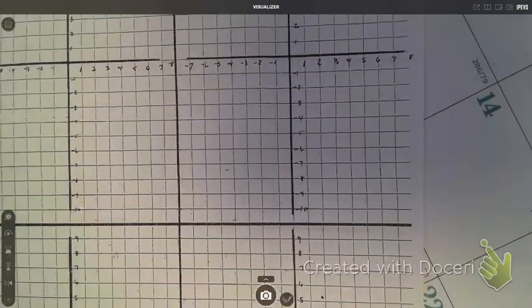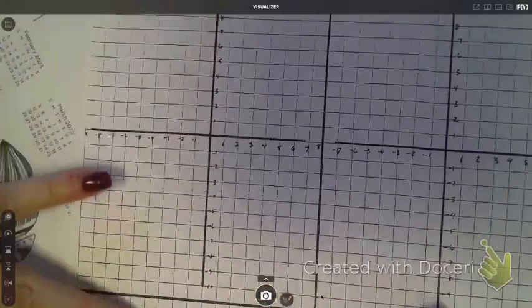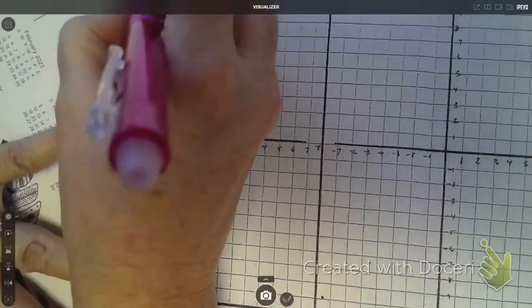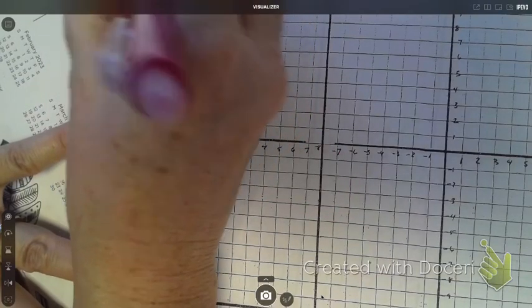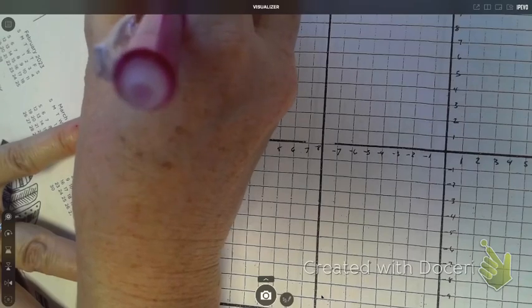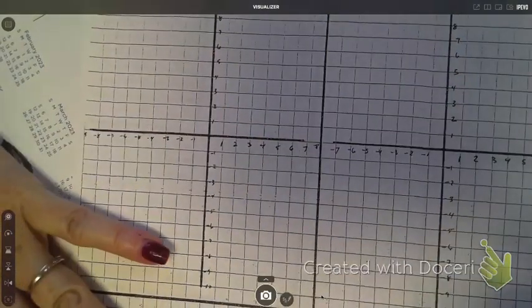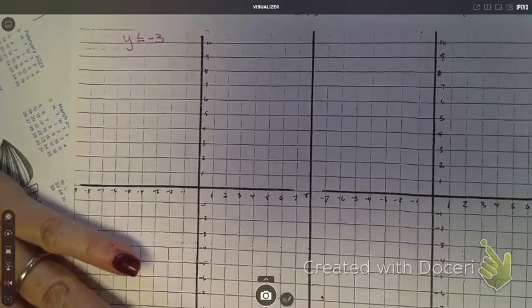Okay, let's do some work. So y is less than or equal to negative 3.